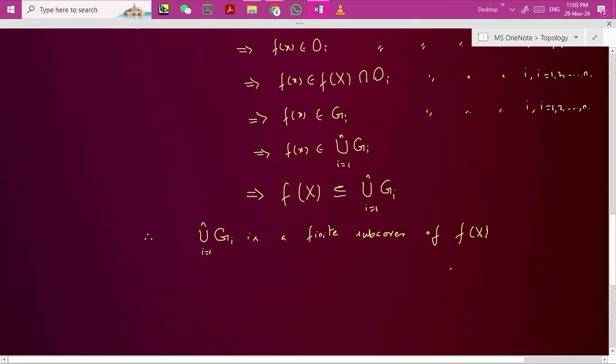So we have found a finite subcover of f(X), and hence we conclude that f(X) is a compact space, because for every open cover of f(X) we have a finite subcover of f(X).